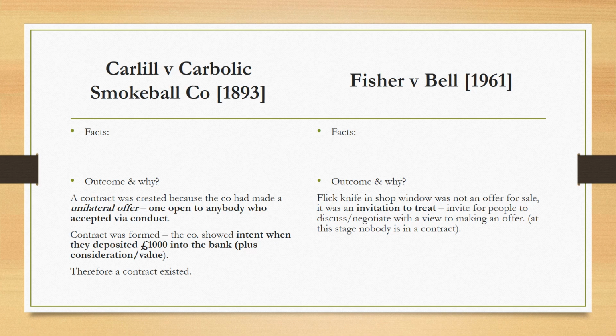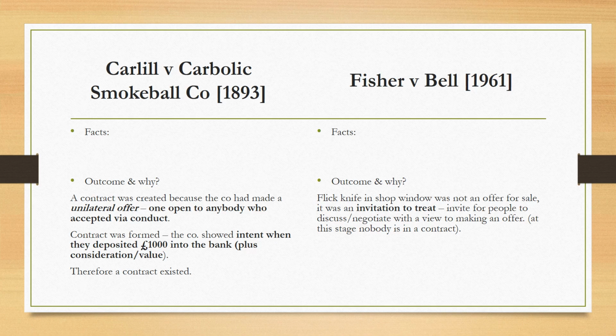And that reward was going to be £100. Now, that is a lot of money in the late 1800s. You could probably find out exactly how much using one of the online tools. But to show their seriousness in this, they deposited £1,000 into their local bank. So they were really encouraging people to take up their offers, should we say.